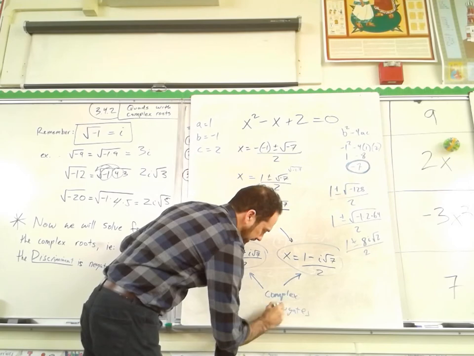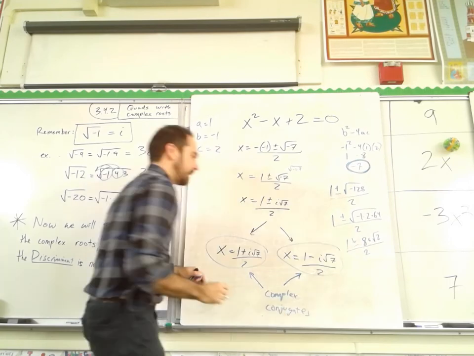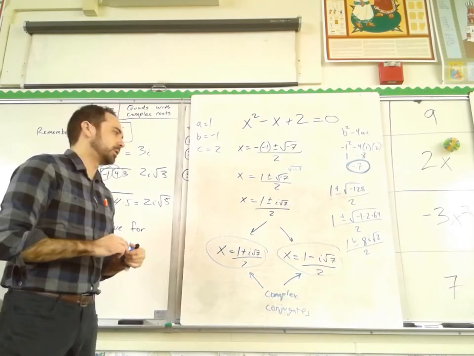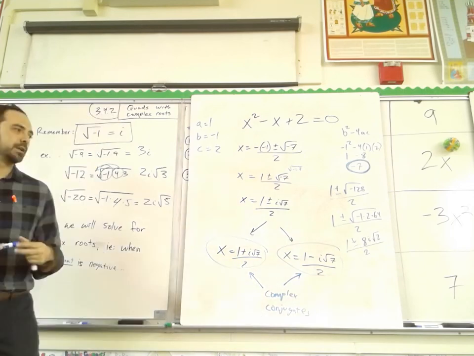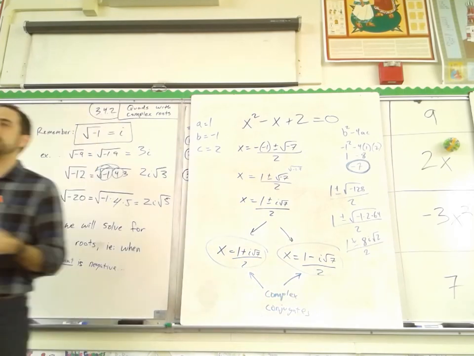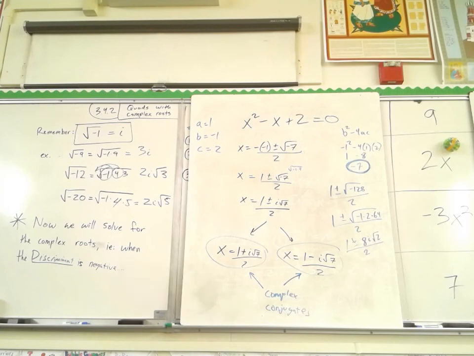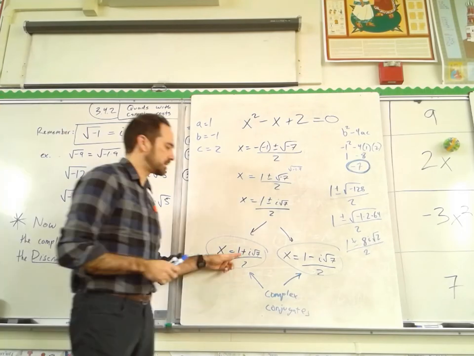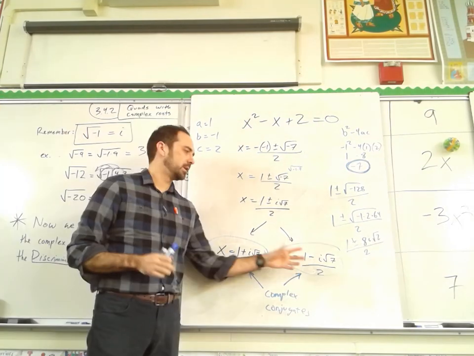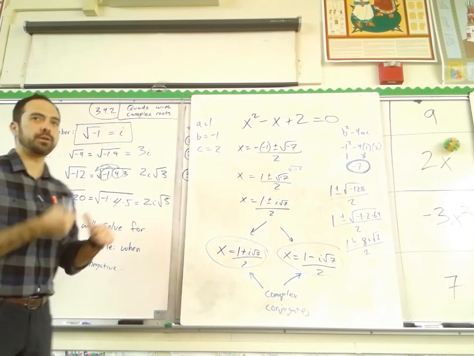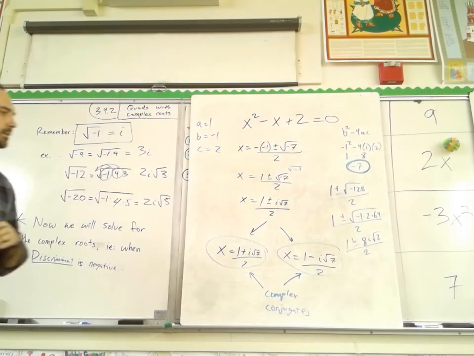Basically, if you were to multiply these together, you would get rid of your imaginary components. The answers are always going to end up being this way, because you have the plus version and the minus version. When you multiply them together, all your i's would disappear. That's just another kind of definition.